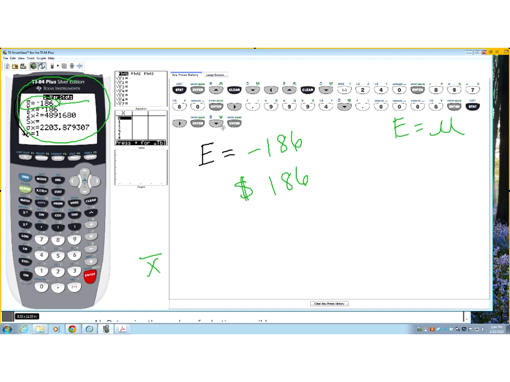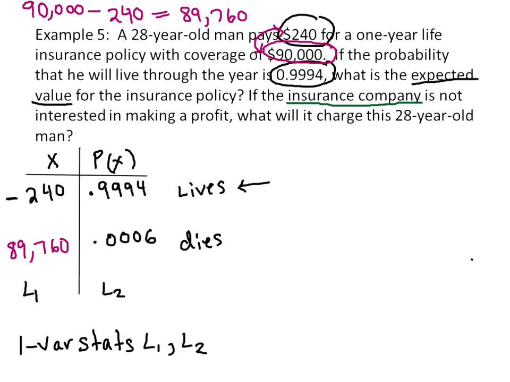$186. Now it's negative. So does this favor the player or the casino? So in this case, does it favor the 28-year-old man or the insurance company? We ended up with a negative expected value. It was negative 186. So does it favor the 28-year-old man or the insurance company?